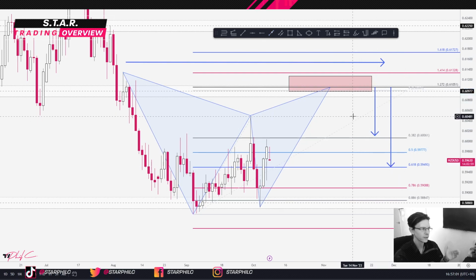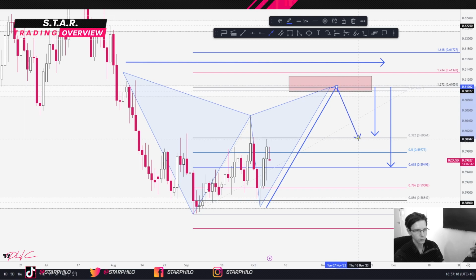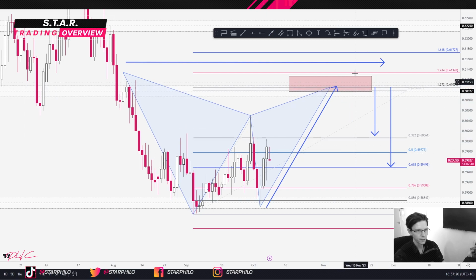So using the if-then syntax and staying consistent in our analysis and also the execution of all the strategies that we trade, we are going to have consistent results. So if price action moves to the 127, we are going to sell into target 1 and potentially target 2 with stops above the X point right there.